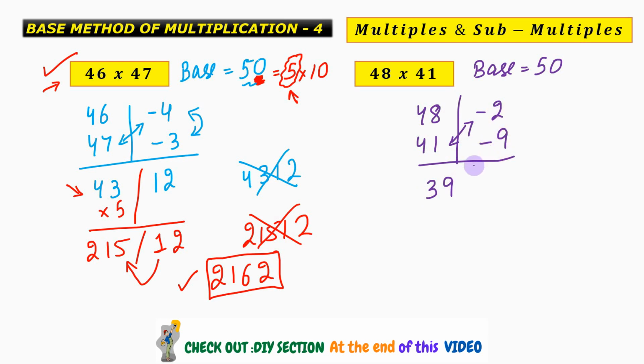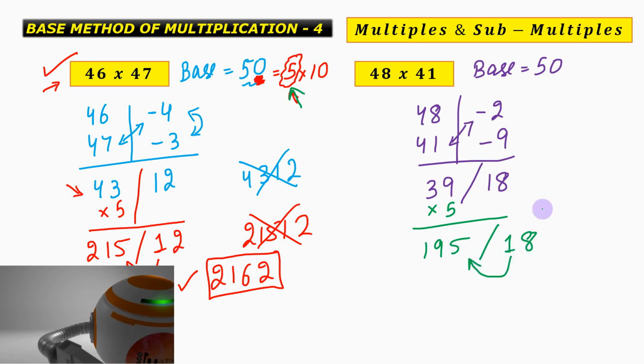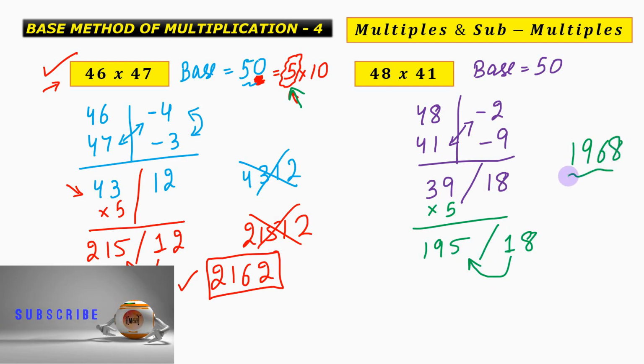Minus 2 into minus 9 is equal to 18 and then we multiply the first part by the number 5, as was done in the previous question. Now 39 into 5 is equal to 195 and then 18. So again this 1 will get carried over and hence our answer will be 1968. I hope you have understood this so far.